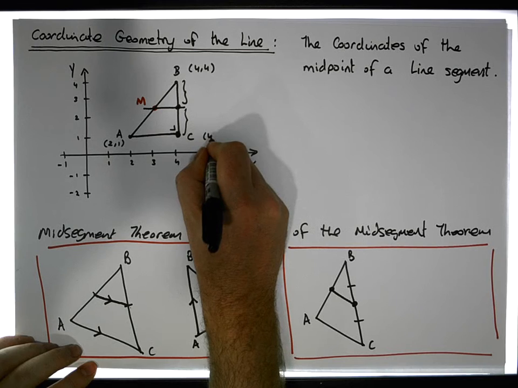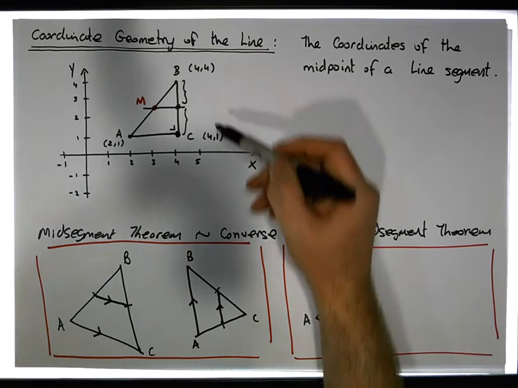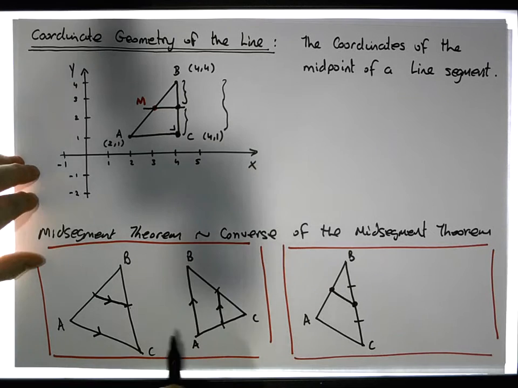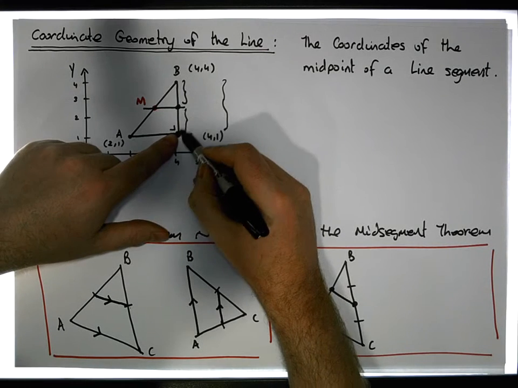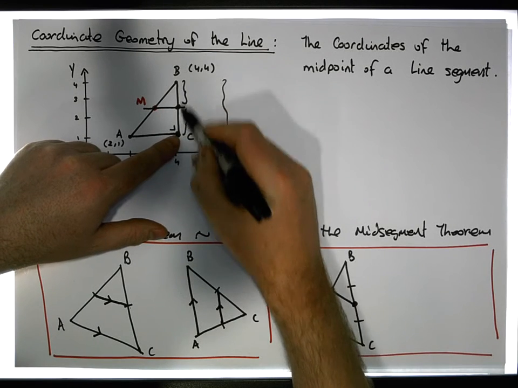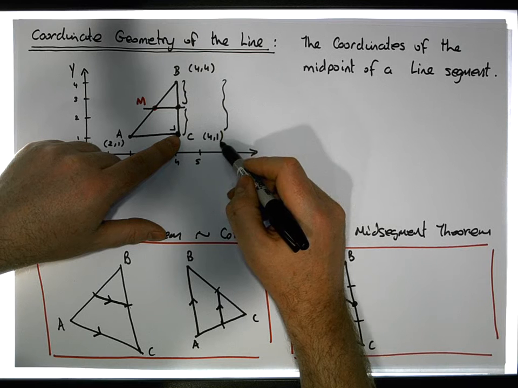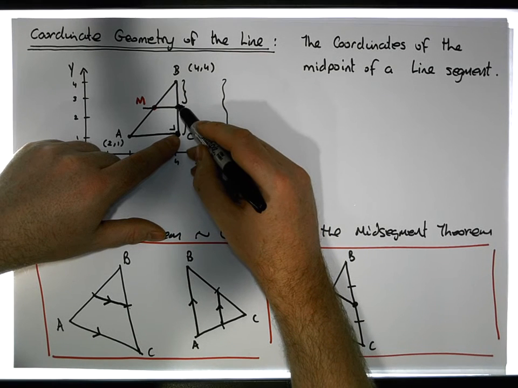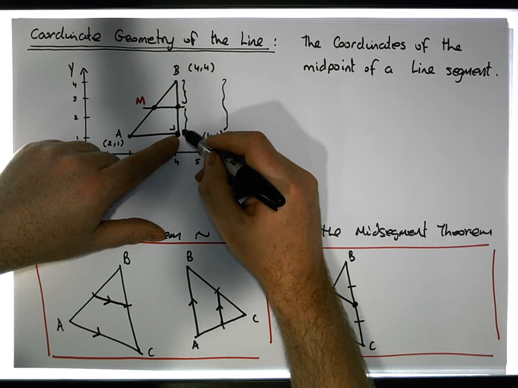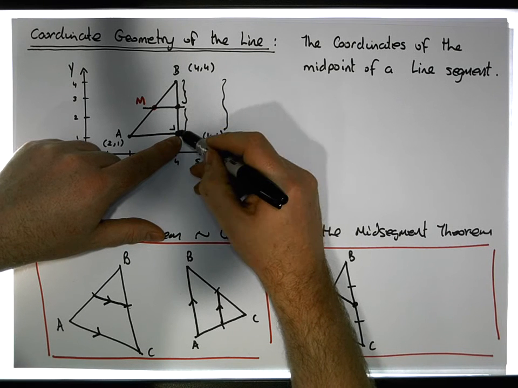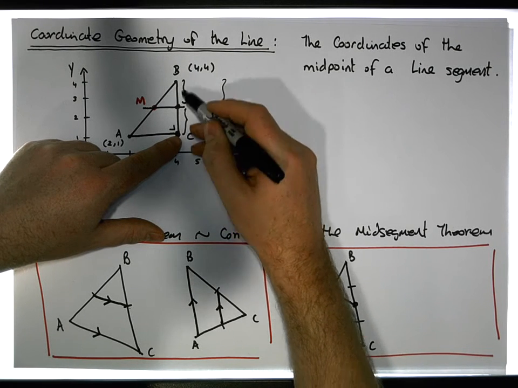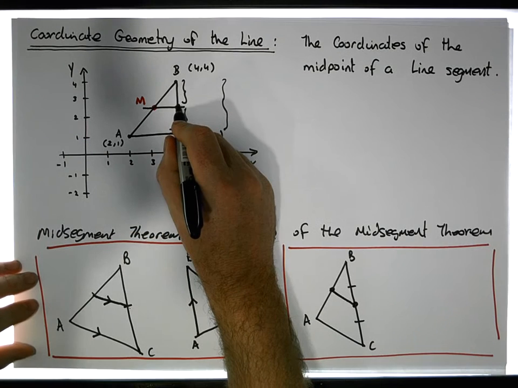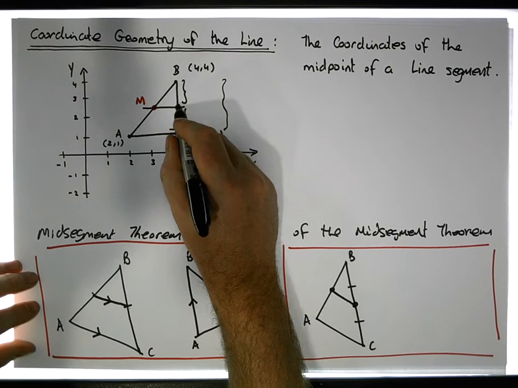Now we know the distance between here and here, this length BC. The distance is 4 minus 1. So hence, this coordinate here is half of this distance above the point C. In other words, this particular coordinate here is half of the distance up.